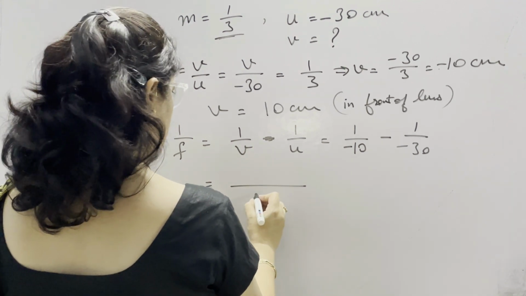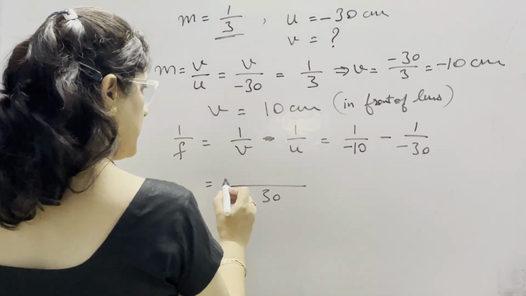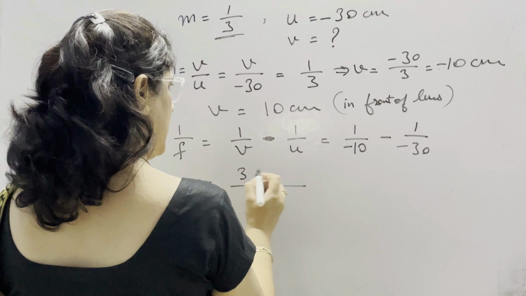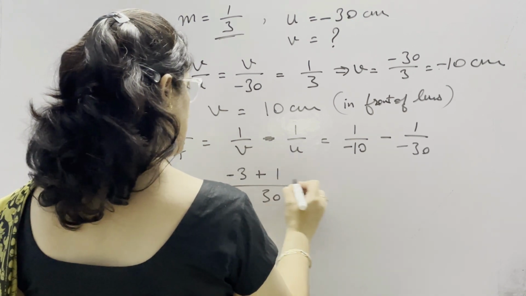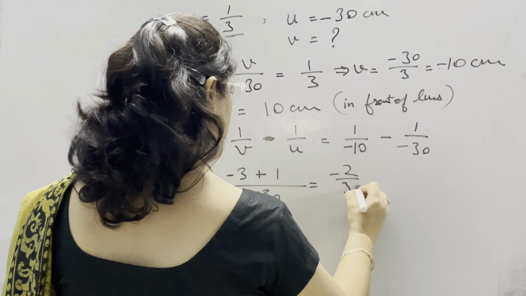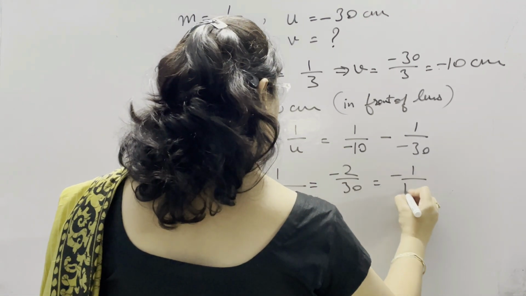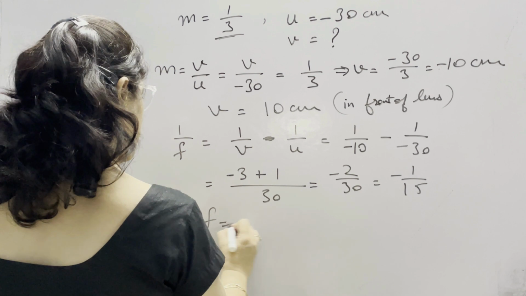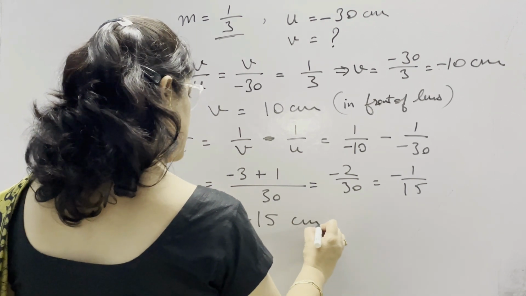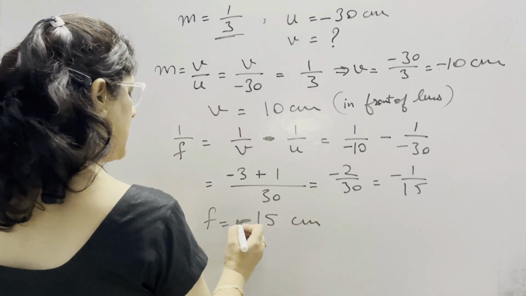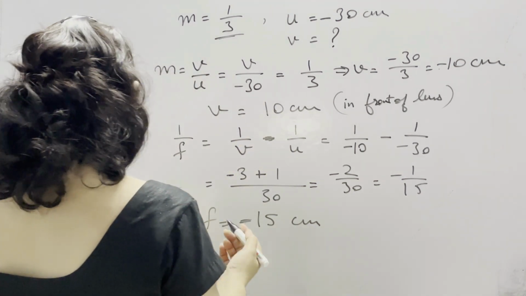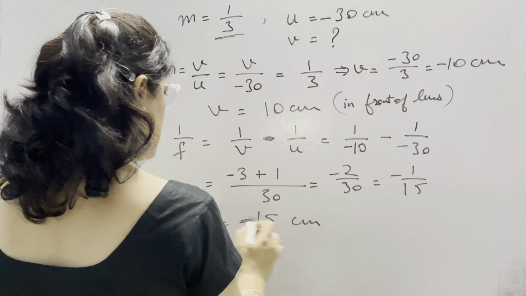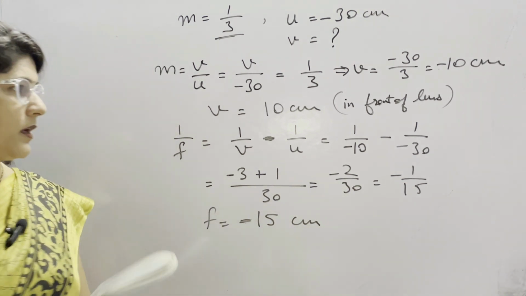Now LCM is 30, minus 3 plus 1 means minus 2 upon 30, minus 1 upon 15. So focal length is minus 15 centimeter. Minus sign indicates that it is a concave lens, and in the numerical we are using a concave lens. So 15 centimeter is the focal length of this concave lens.